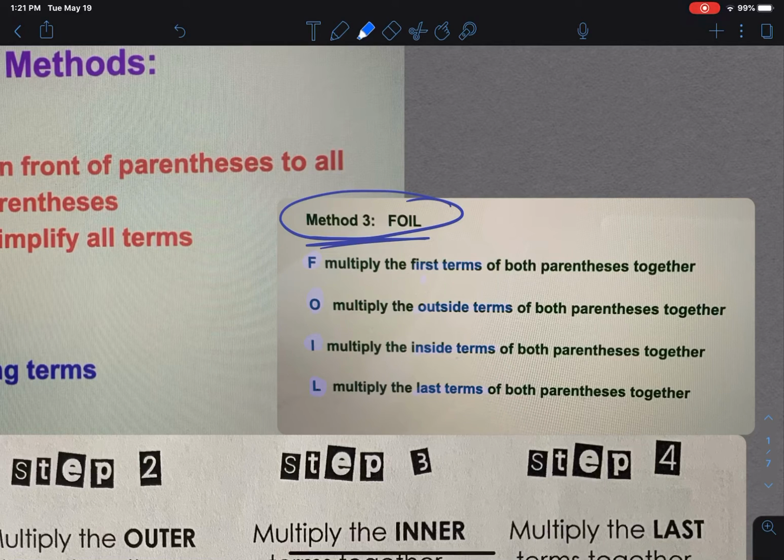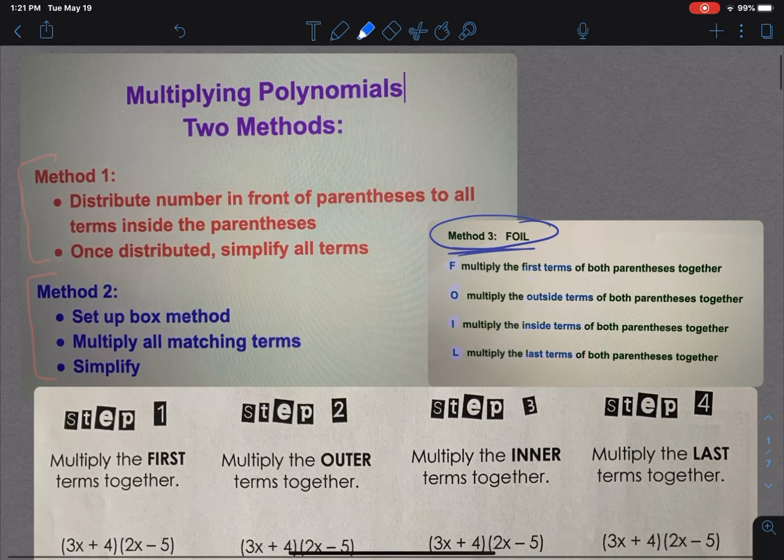And again, once we do the first one, you can decide which of the methods you want to use, this one or this one. I will be really honest, I like the box method for everything, because it doesn't matter if I have one thing times 2 things or 2 things times 2 things or however many there are, the box method will always work.